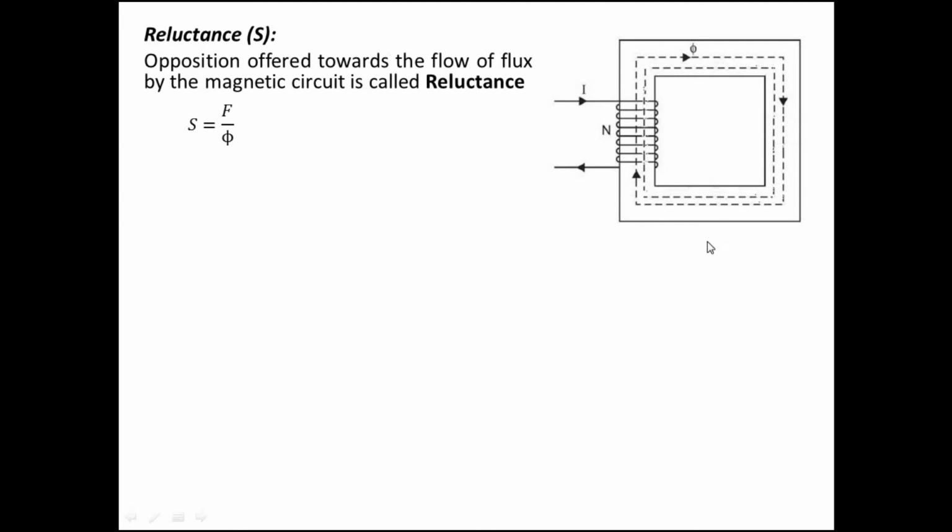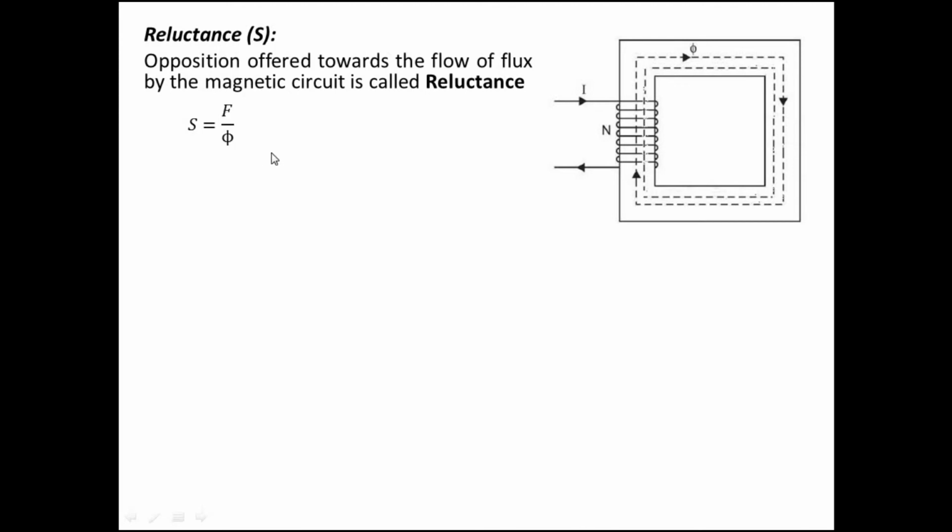In an electric circuit, R is the opposition offered to the current flow. Here reluctance is the opposition offered to the flow of flux. In an electric circuit, R is equal to EMF divided by I. Comparing to that, reluctance can be defined as MMF divided by the flux, so F divided by phi.